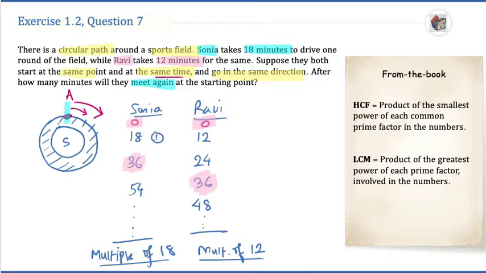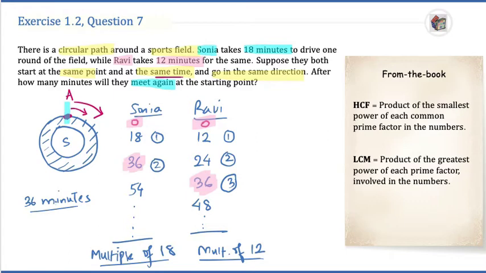This is round number 1, this is round number 2, and Ravi will have completed 3 rounds. This is 1, 2, and 3. Both of them will meet again at point A. So using this diagrammatic approach also, I could get my answer that they will be there together after 36 minutes.